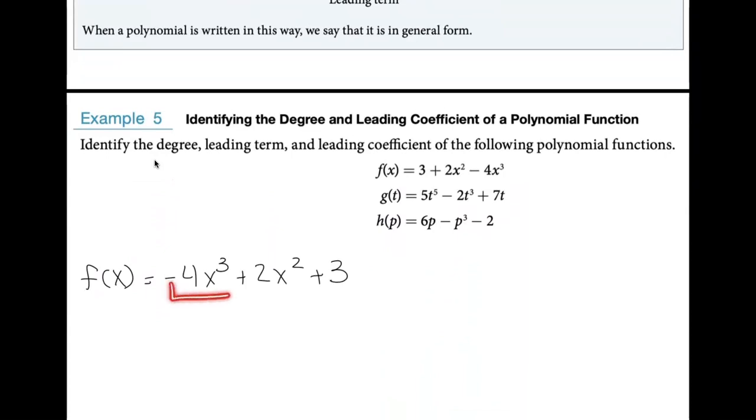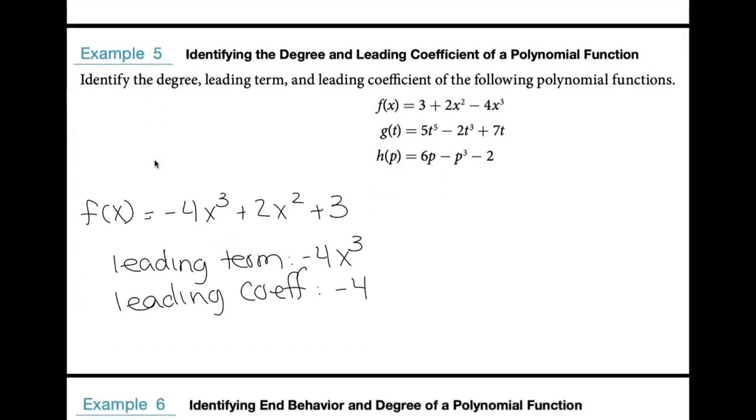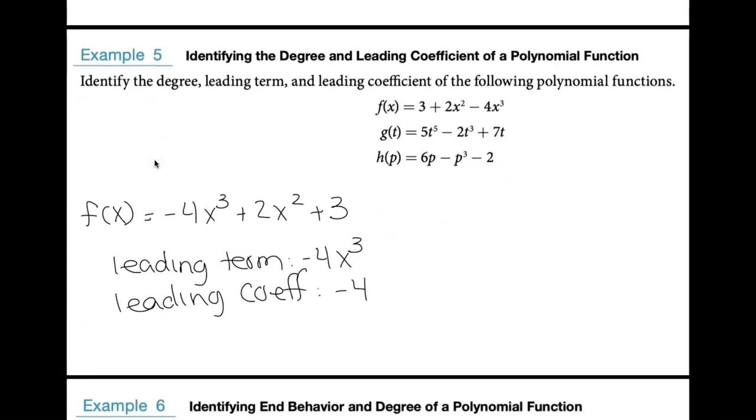Here is our leading term: negative 4x cubed. Leading coefficient is negative 4. And our degree is the highest power, which is 3. Let me put colons here instead of equal signs.